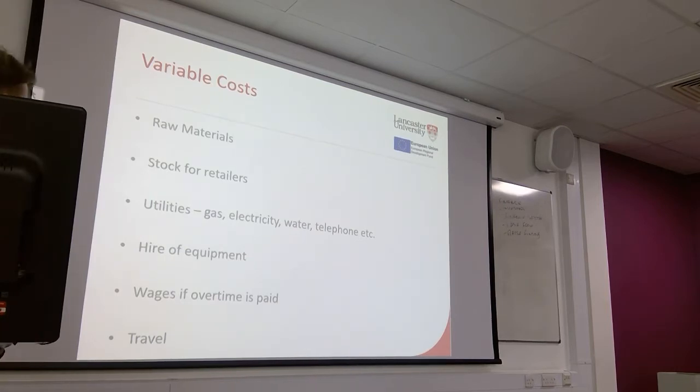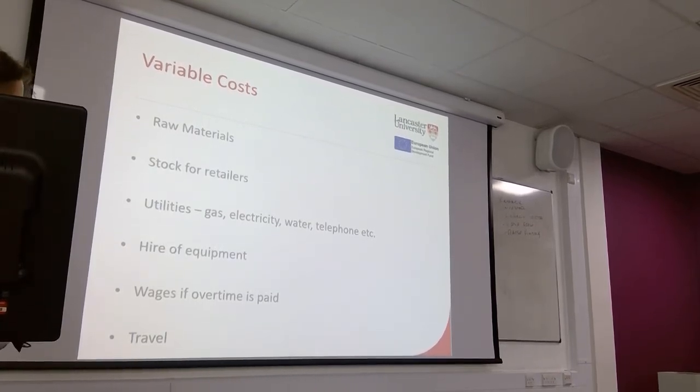If you're a retailer, you're only going to be buying stock to replenish what you've sold. Or if you're doing something seasonal, obviously that's why they have sales, to get rid of all the old stock. You're bearing the cost if you're manufacturing something. The more you manufacture, the more electricity or gas you're going to use.